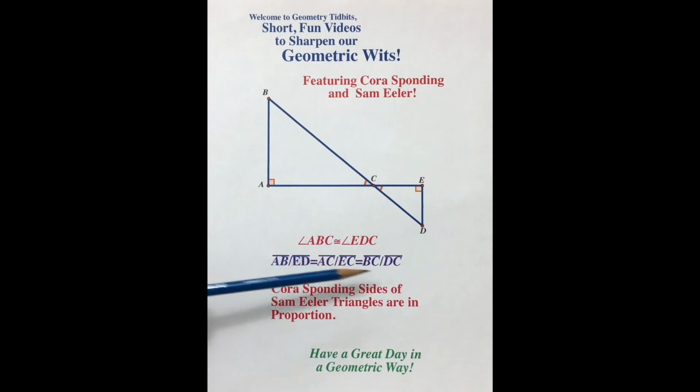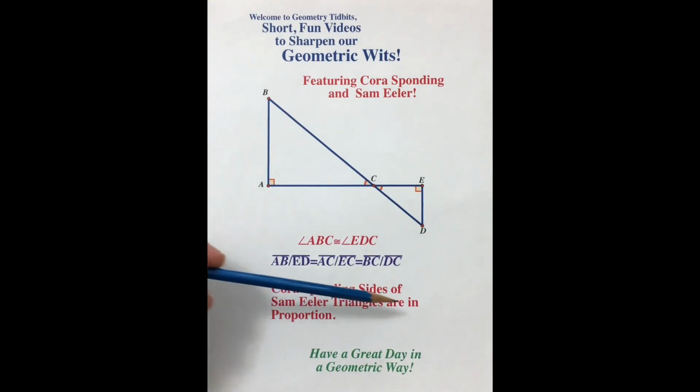All these ratios will be equal to each other if we're careful to go from triangle to triangle back and forth as we did. That's a lot of information. Once again, corresponding sides of Sam Ehler triangles are in proportion. All these ratios are equal.